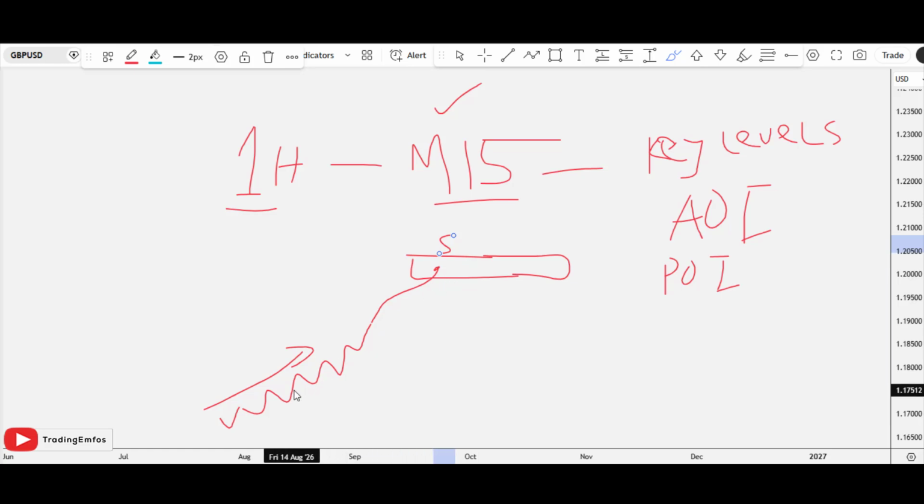They will not wait. They will just enter. And the market may decide to temporarily reverse and hit their stop that they have placed here, because if you are entering the market when it is going up, your SL will be down here and your take profit will be up here.